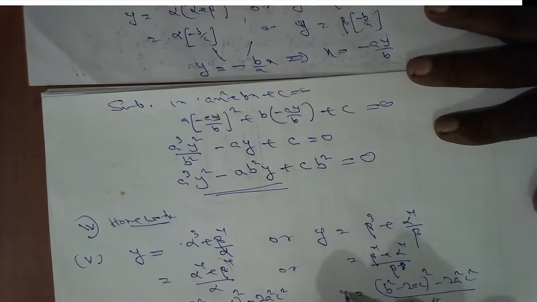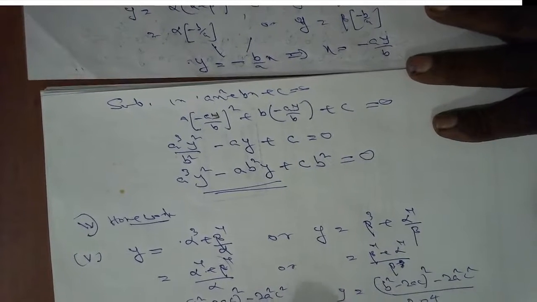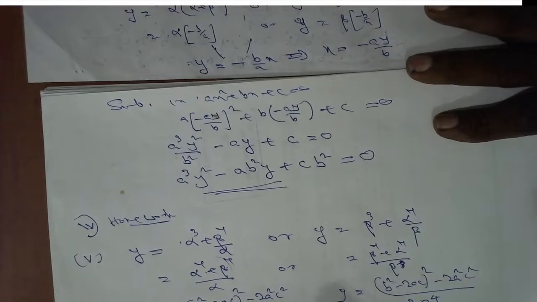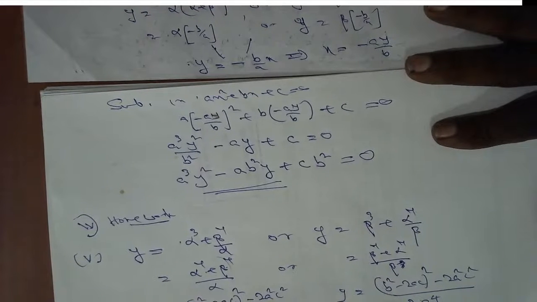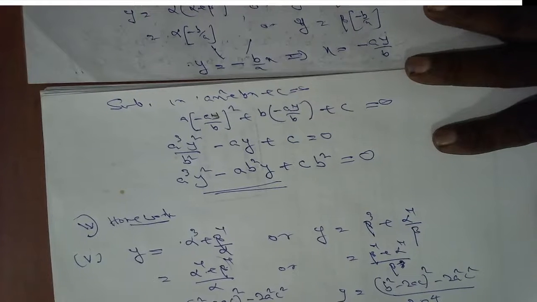So this is y. So x equals alpha or x equals beta. Now you can build up the relationship between variables. That is y equals b squared minus 2ac whole thing squared minus 2a squared c squared over a to the 4 times x.